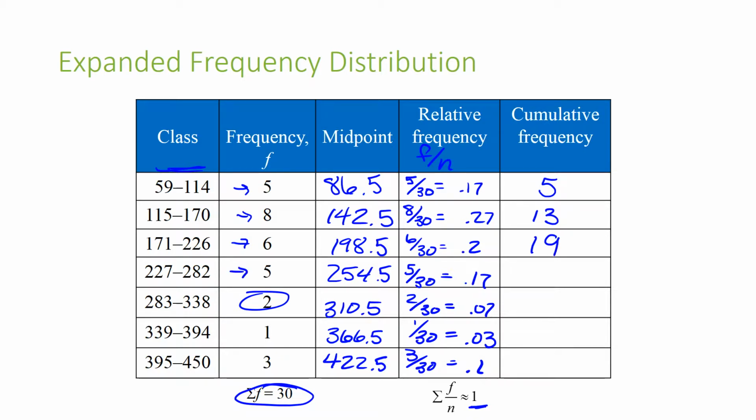Then we add 5 to our previous total, giving us 24. Add 2, giving us 26. Add 1 for 27, and 3 to get to 30. So the cumulative frequency of your last class should have the total number of all things, which for this, is 30.